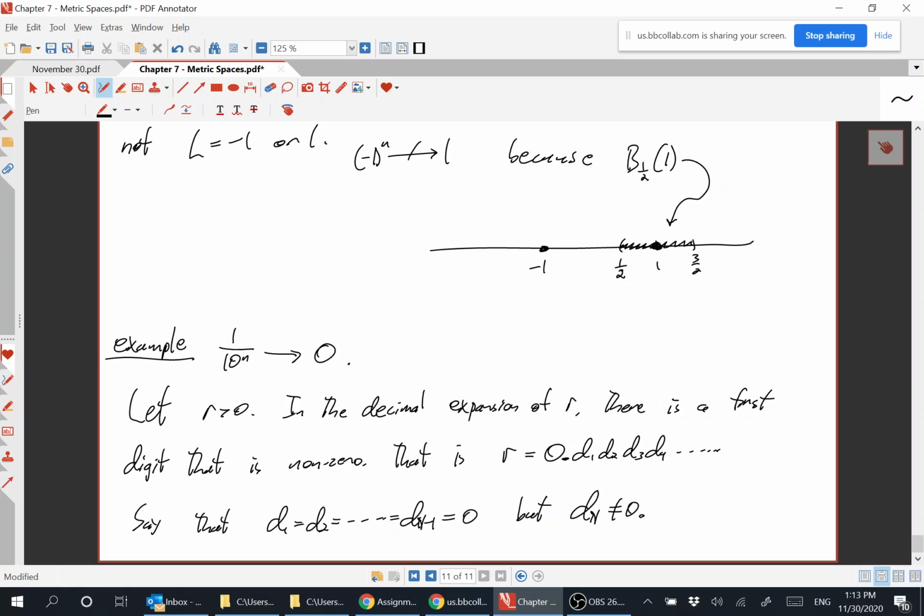So r is 0.000000000 something 0005. Eventually you get to some digit that's not 0, say the nth one.